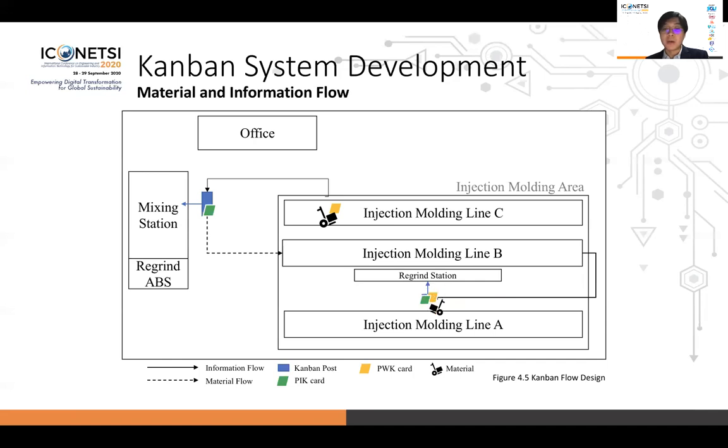After they finish preparing the material, the production instruction Kanban card is put back to the Kanban post. The other operator will deliver the material along with the production withdrawal Kanban card back to the respective machines.